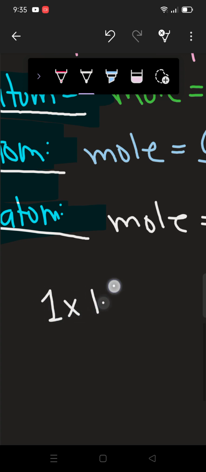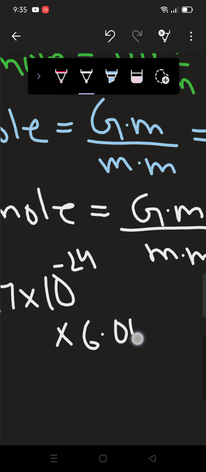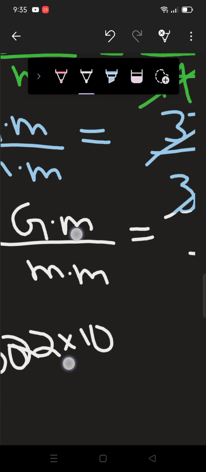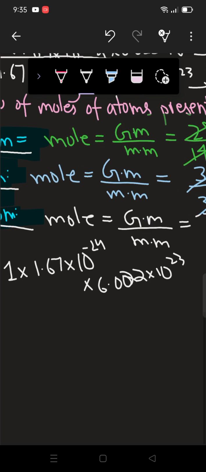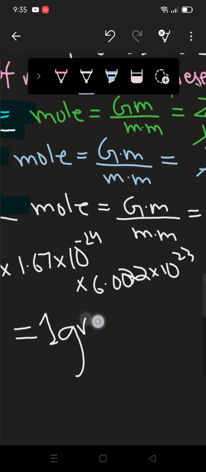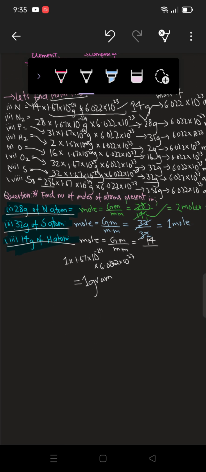Instead of AMU, 1.67 times 10 to the power minus 24 gram, and we are finding for 6.022 times 10 to the power 23 particles. So when we solve this, we will have 1 gram. So 1 gram is the mass of 6.022 times 10 to the power 23 atoms of hydrogen, right?